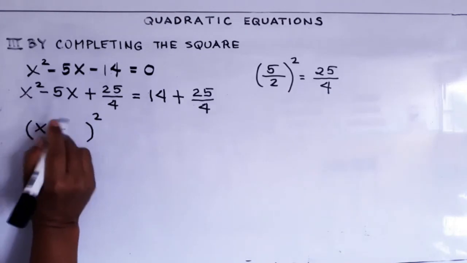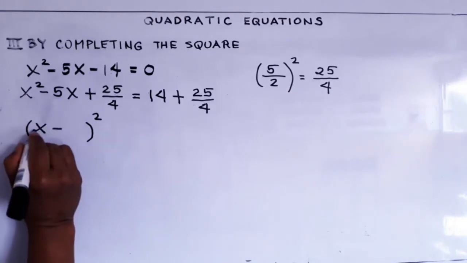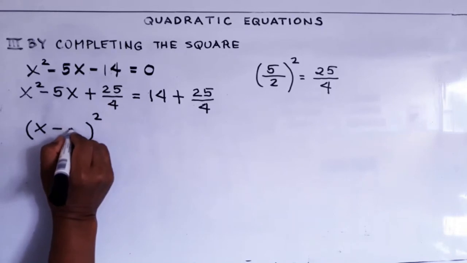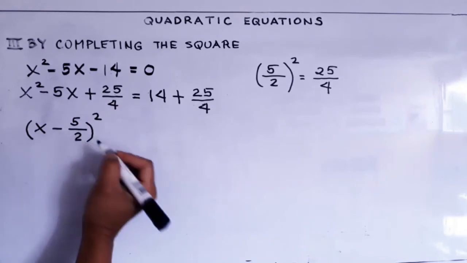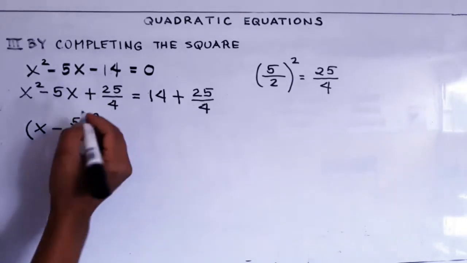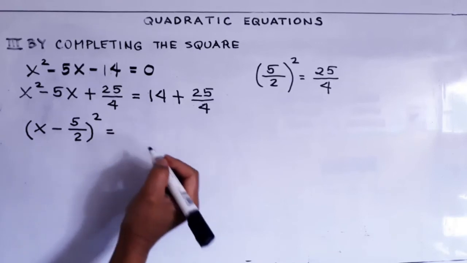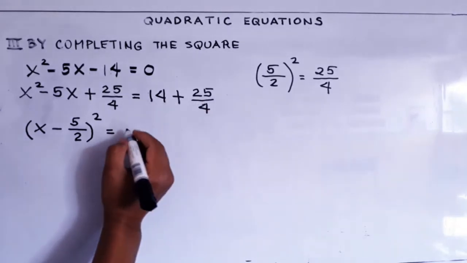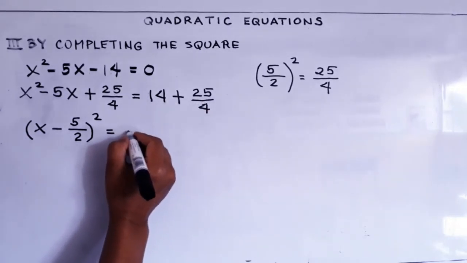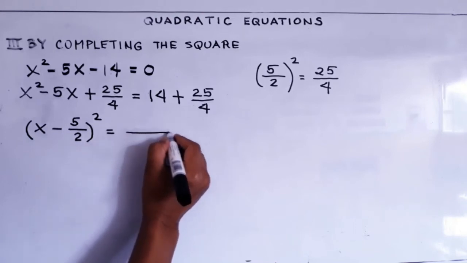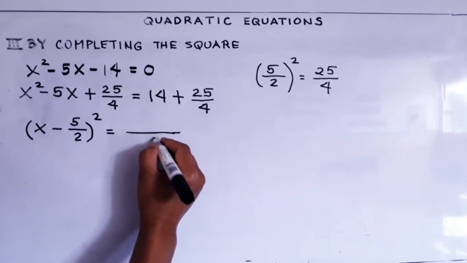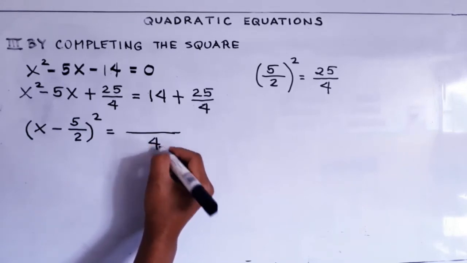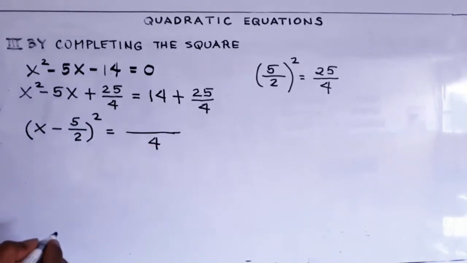This one is x, and the square root of 25 is 5, the square root of 4, oh, it's a fraction, is equal to. Now we will make this one a fraction also. So we have 4 here. You know how to add fractions.